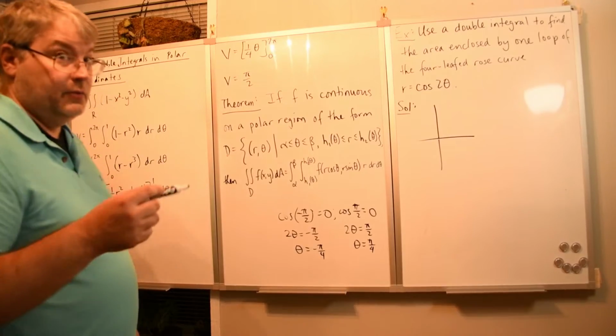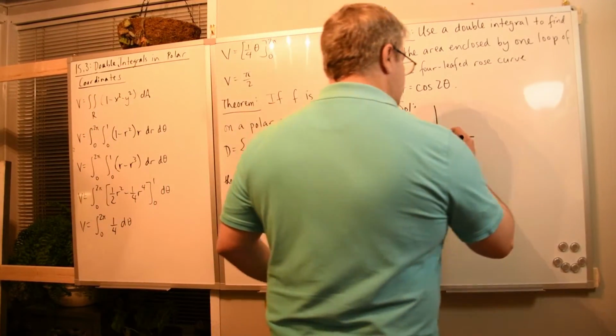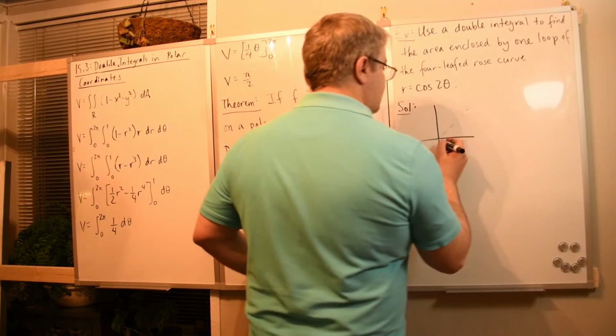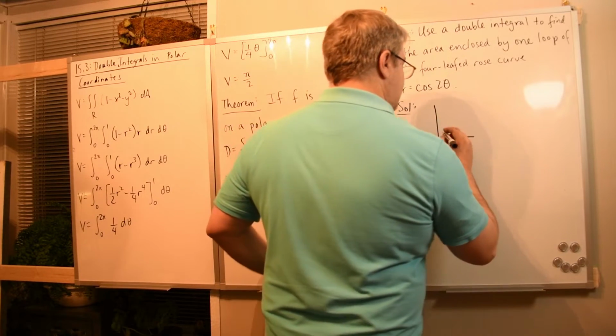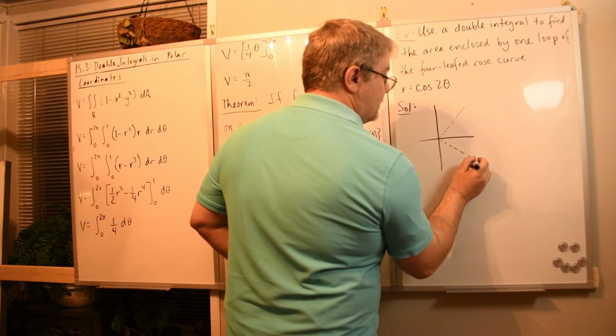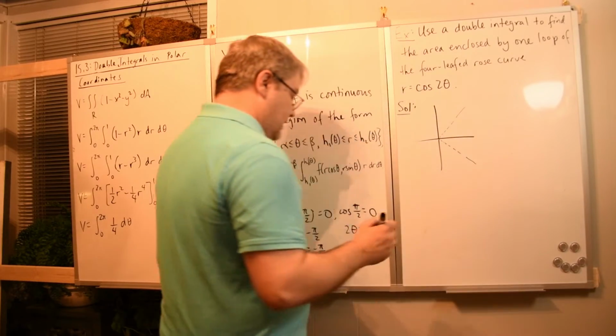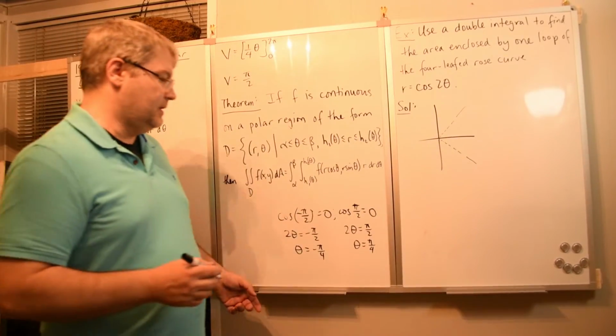And so one of the things that's really nice about this particular curve is that one of the loops is actually going to get traced as we move theta between negative pi over 4 radians and positive pi over 4 radians.